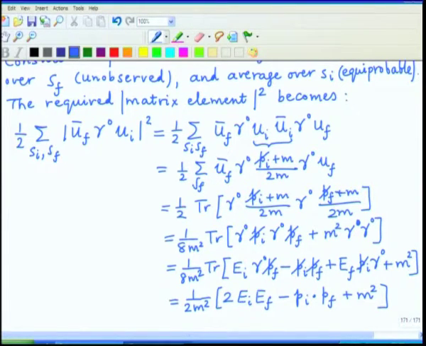It can be put into a still simpler form by expanding out this p_i dot p_f in terms of the various factors of beta and the angle cosine theta. We can do that.